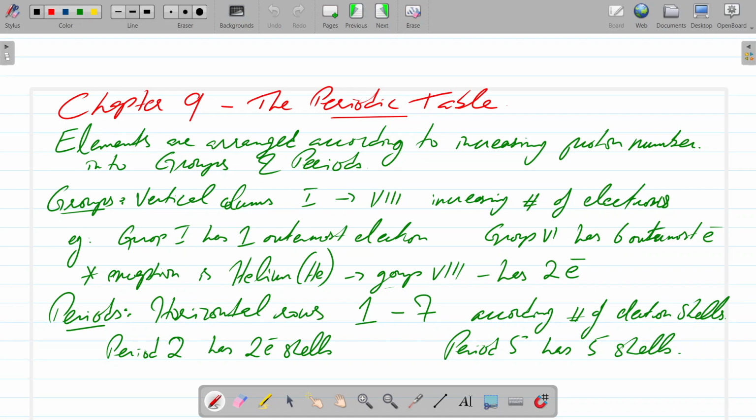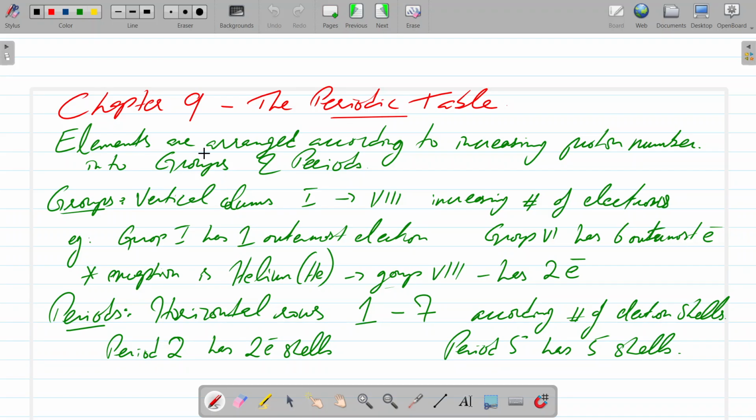Chapter 1 is states of matter, chapter 2 is atoms, elements, and compounds. Chapter 3 is bonding and structure, and I felt it better to cover the periodic table and get an idea of how the elements are placed in the periodic table before talking about bonding and structure. So that's where we are in chapter 9.